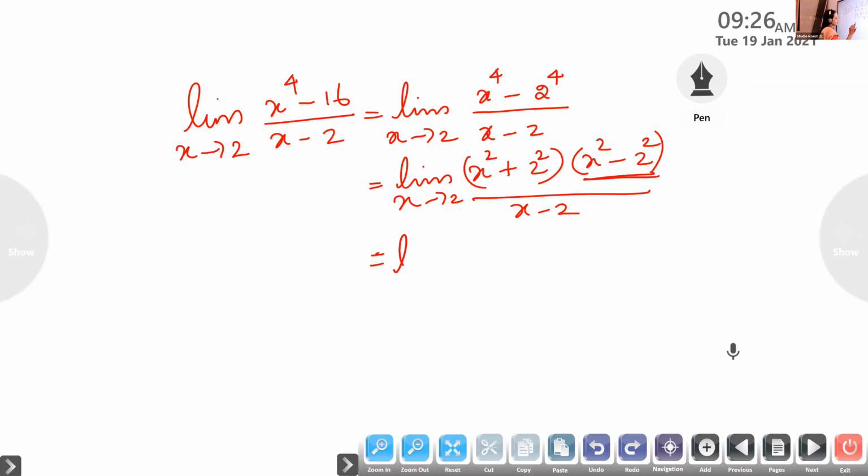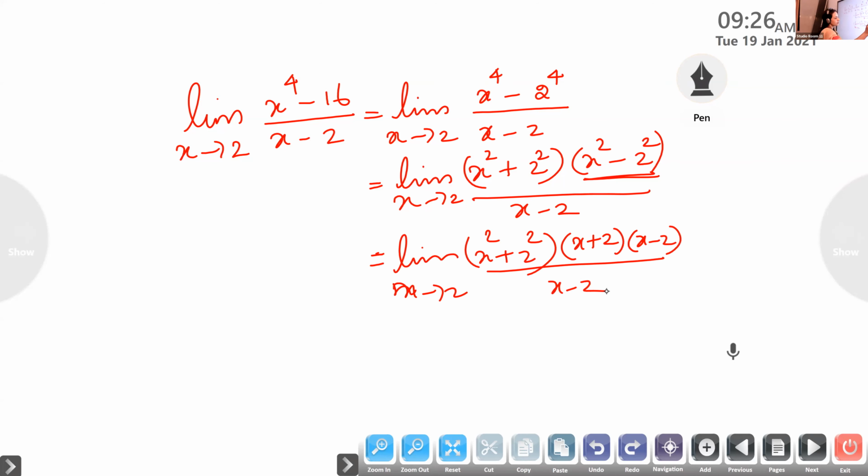So again, limit extending to 2, x square plus 2 square into x plus 2 into x minus 2 by x minus 2. So x minus 2 will get cancelled. Now you substitute the value for x. You get 2 square plus 2 square into 2 plus 2. So what is the answer? 32.